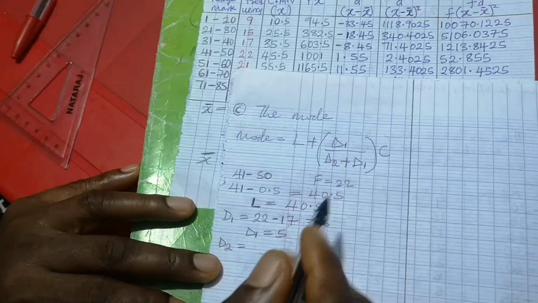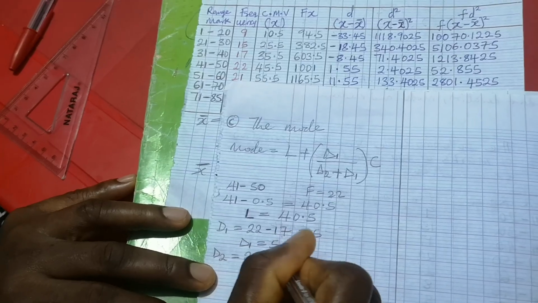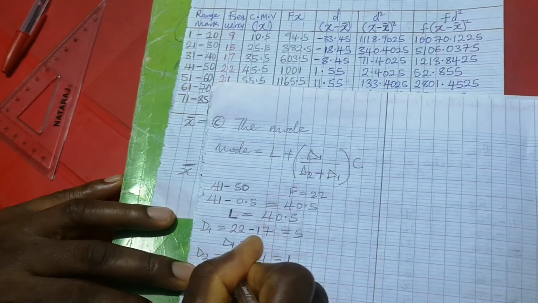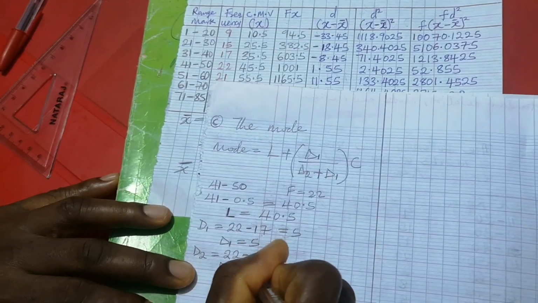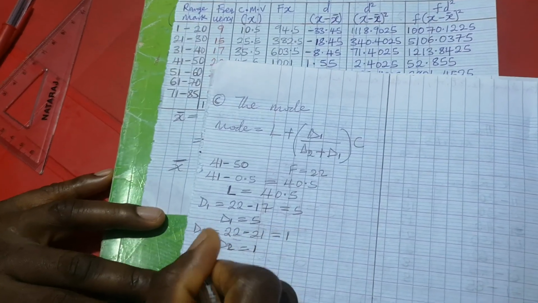So to find our D2, it will be 22 minus 21, which is equal to 1. So D2 is equal to 1. Okay, now we are done with D2. Now what is C?